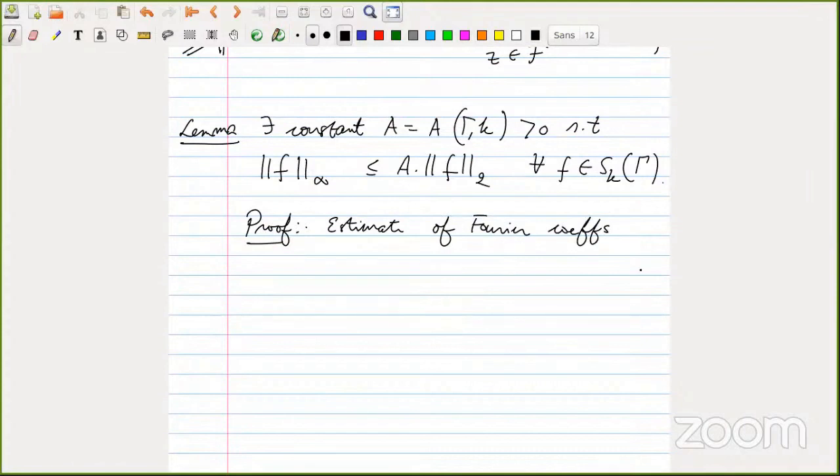For this we have to look at Fourier expansions of f at all the cusps of gamma, and for the integral part you have to look at those Siegel domains.